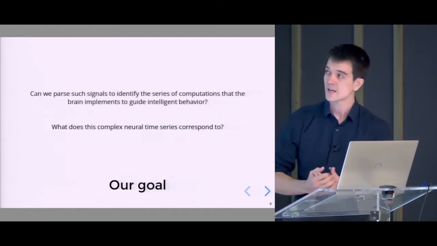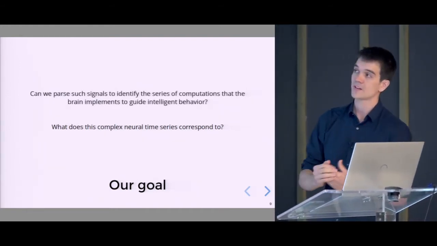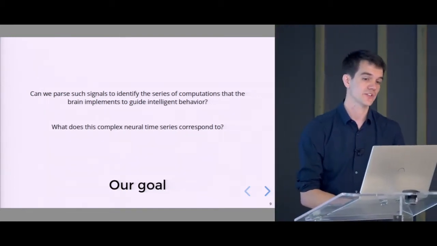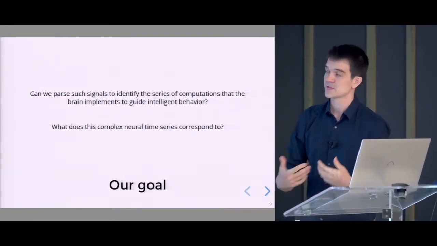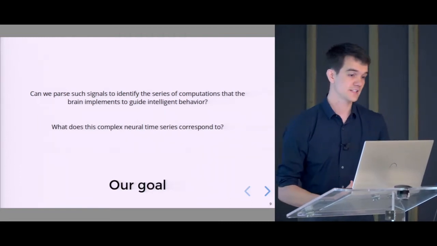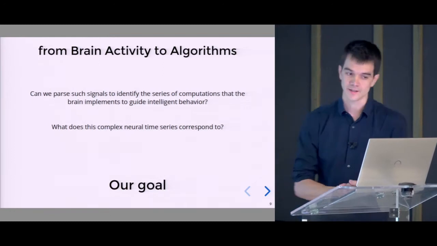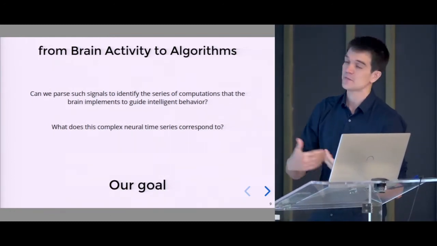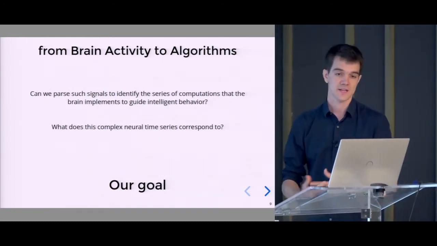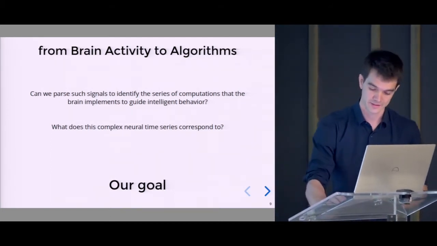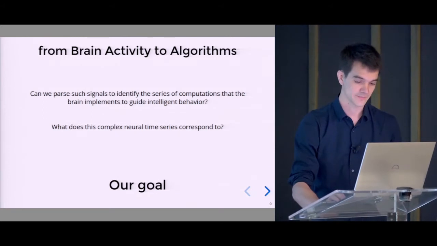More specifically, what we really want to do is to parse these signals in order to identify the series of computations that ultimately lead to intelligent behavior. In other words, what we're trying to do is to infer from brain activity the algorithm of cognition, the sequence of operations that corresponds to cognitive abilities.